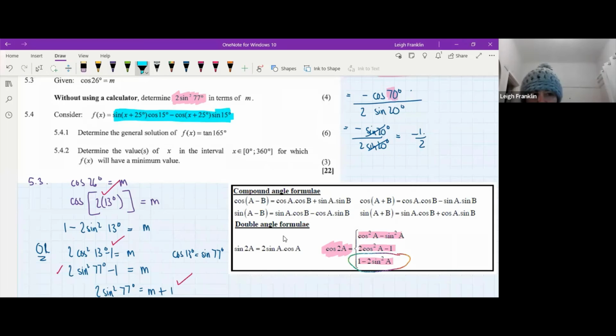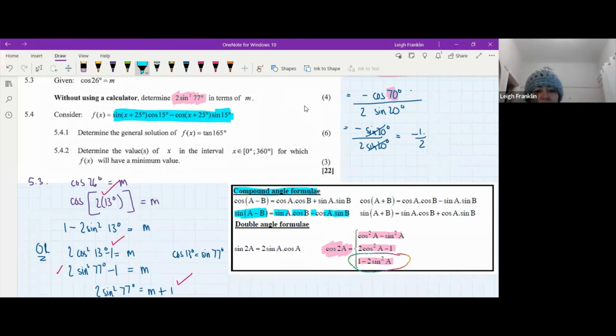Hopefully you can see that it is a compound angle. So we've got sine, cos, and we've got a minus. So you've got sine, cos, the minus, cos, sine. That means that it has to be this.